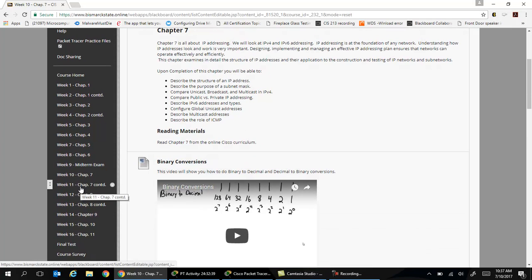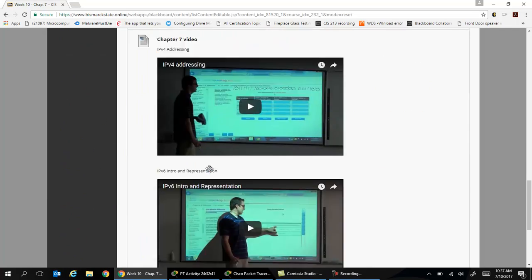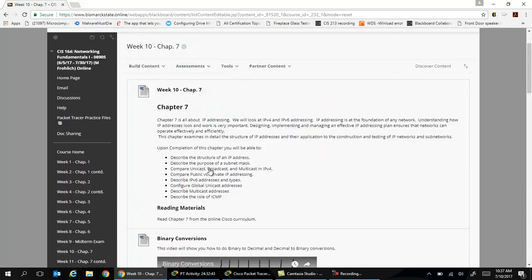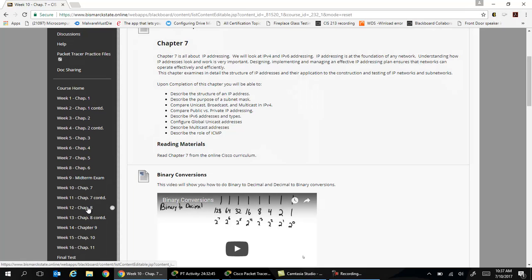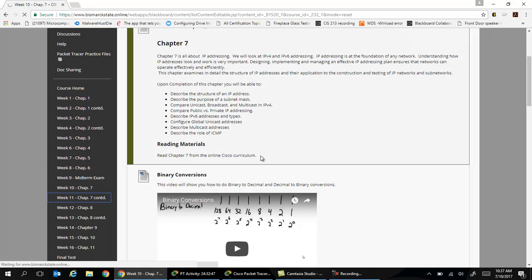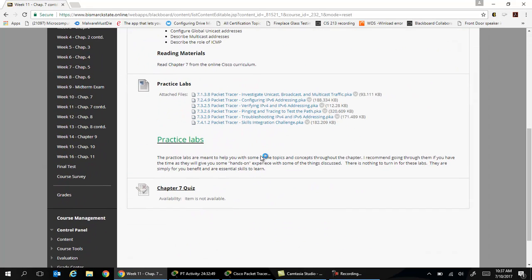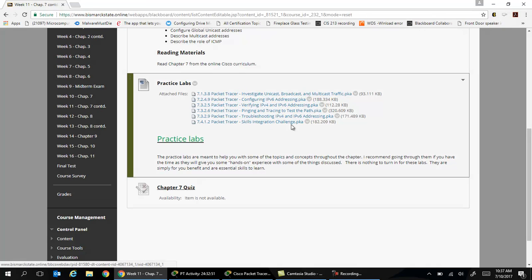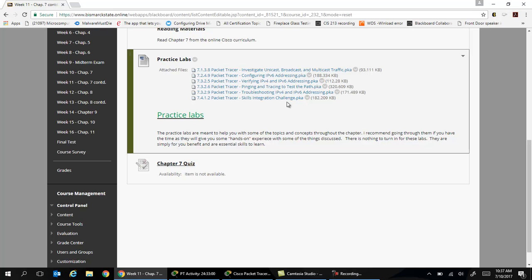And if you get a chance, under week 11, I have some practice packet tracers. The biggest ones would probably be configuring IP version 6 addressing, and then possibly doing the skills integration challenge.